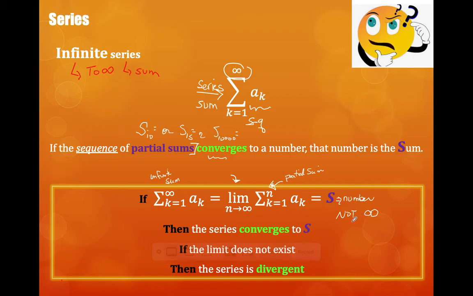If it's not infinity, and it's not a does not exist, instead you get a number, then the infinite series converges to that number. If the limit does not exist, or is an infinity, because infinity is not a number, then we say the series diverges.